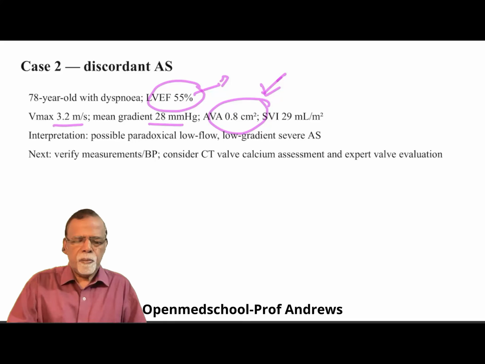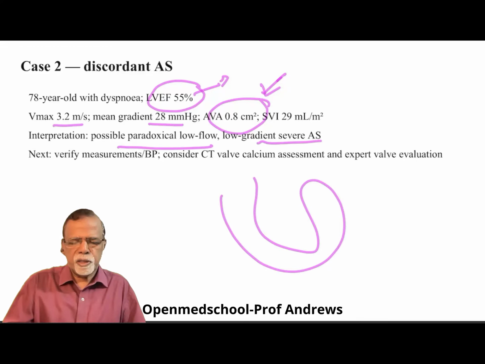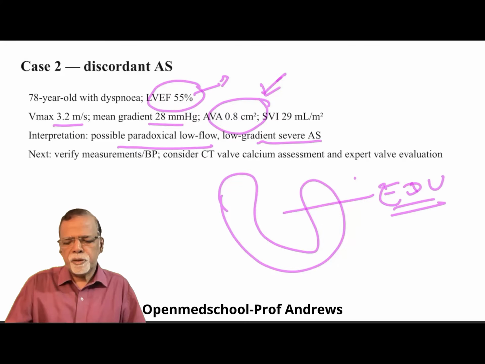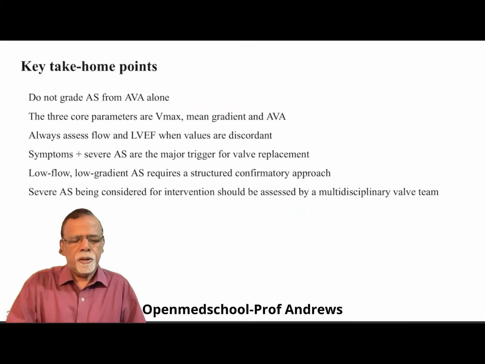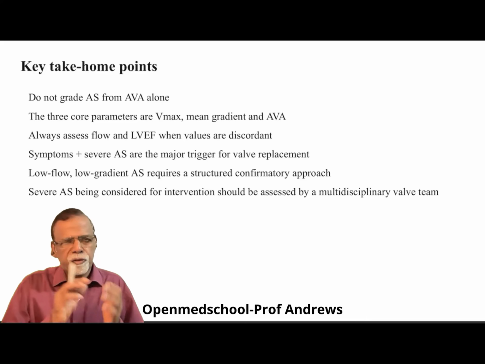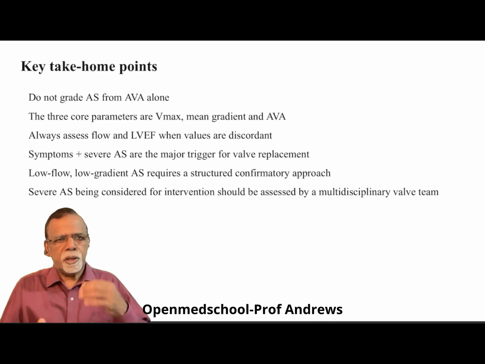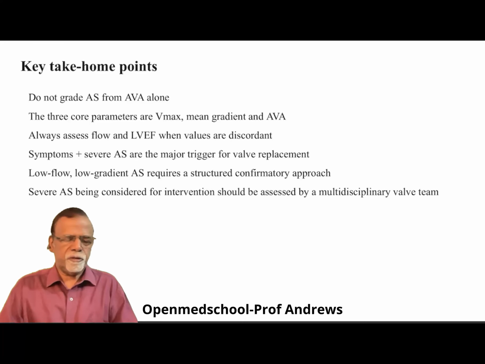So possibly it is a paradoxical low flow, low gradient severe AS, as explained earlier, because of the severe hypertrophy, end diastolic volume is less, and so naturally the ejection fraction can be normal. So verify the blood pressure, consider CT calcium assessment, and expert advice. If the ejection fraction is low, in this case you may go for a dobutamine stress echocardiography.